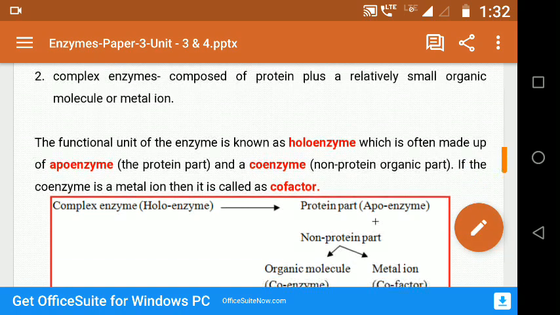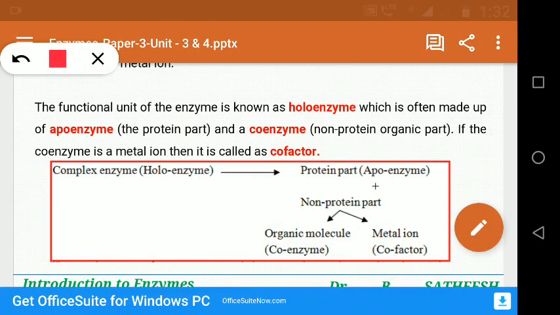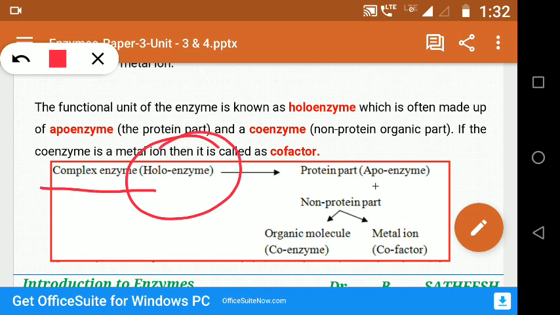A complex enzyme contains a protein part as well as some organic molecules or metal ions. The functional unit of the enzyme is called the holoenzyme. In case of complex proteins, we call the complex protein holo, meaning complete, the complete enzyme.